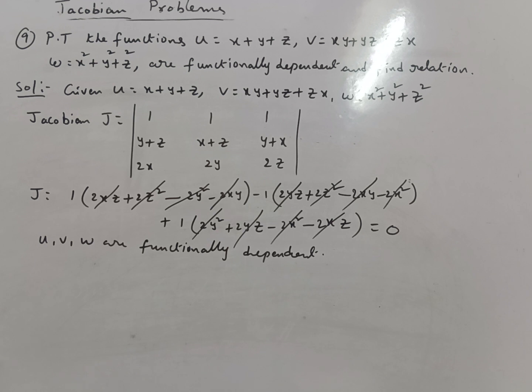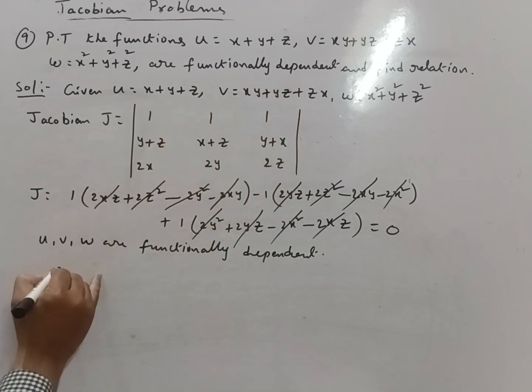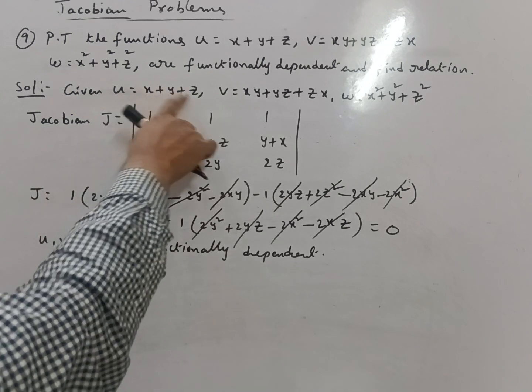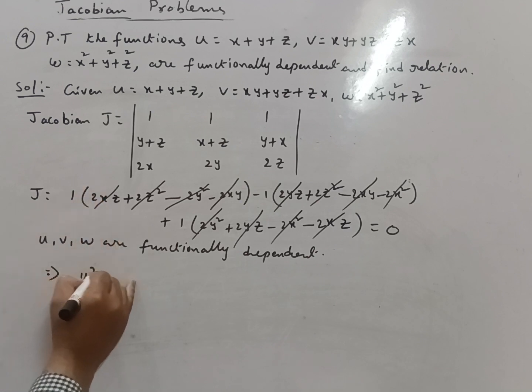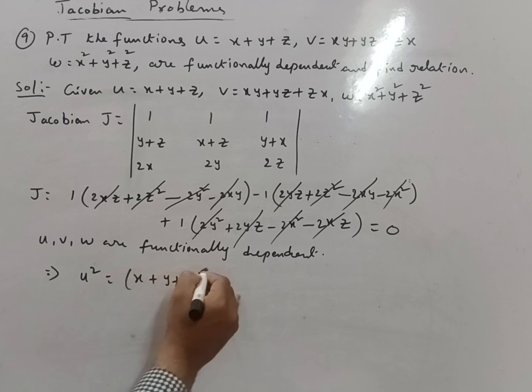Now what we have to find is the relation. W is x² + y² + z², and u is x + y + z. To find the relation, take u². What is u²? (x + y + z)².